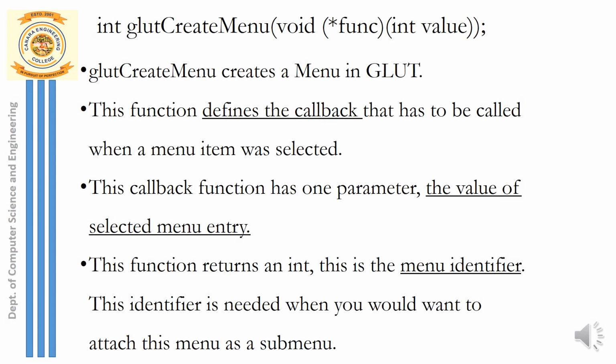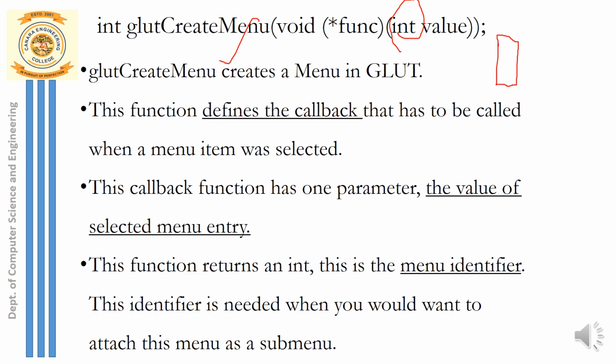Now here we have our first function, glutCreateMenu. You can call this a callback function. Whenever a menu item is selected, immediately this function is invoked. The value is one of the parameters that you are specifying within glutCreateMenu. This value corresponds to the value of the selected menu entry.